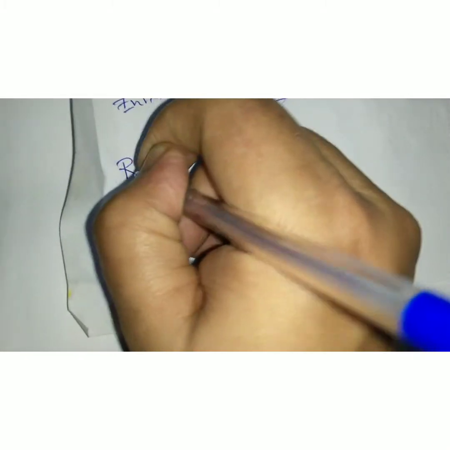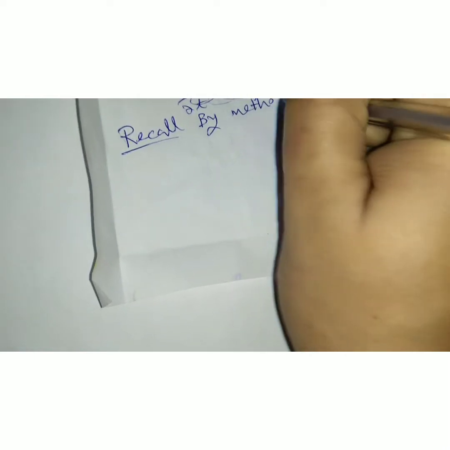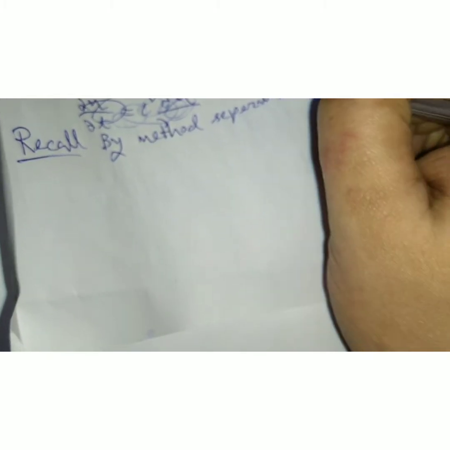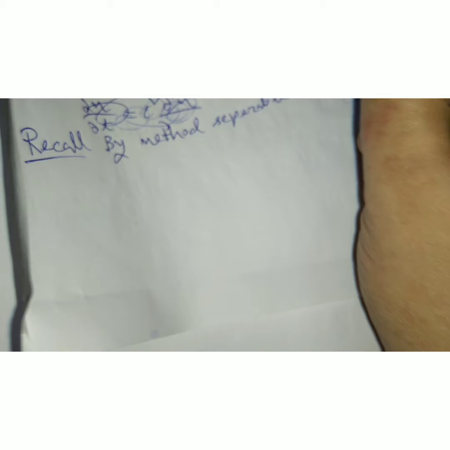So del u by del t is equal to c square into del square u divided by del x square. This is the main equation, and now we recall the formula for this equation by the method of separable variables.